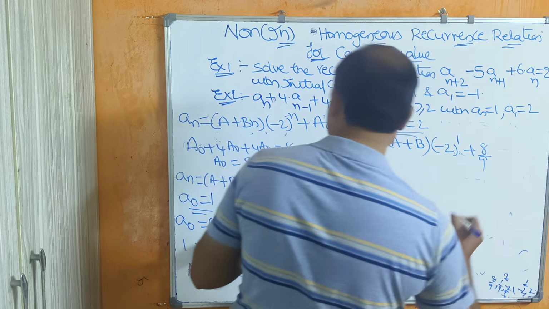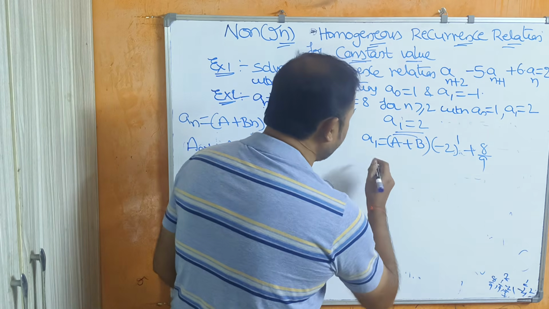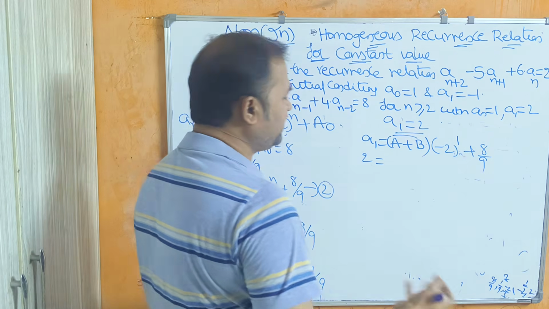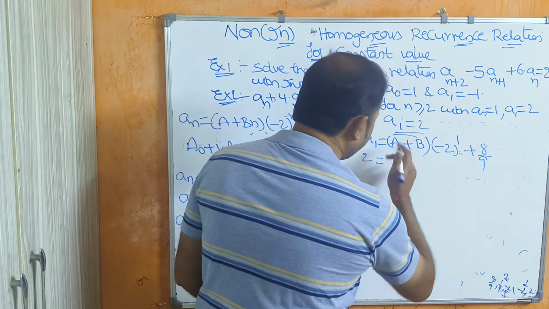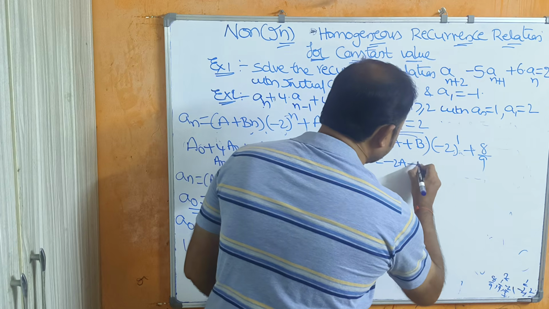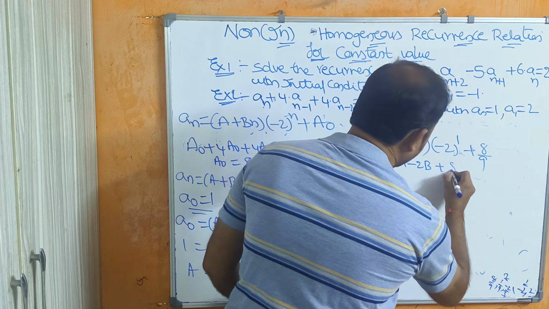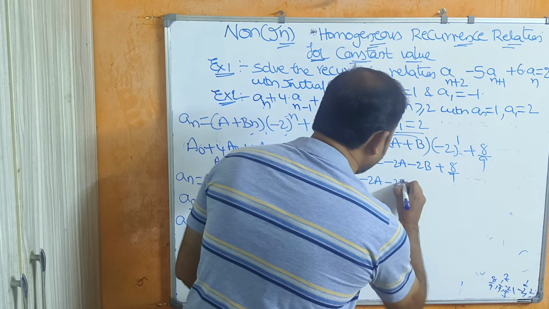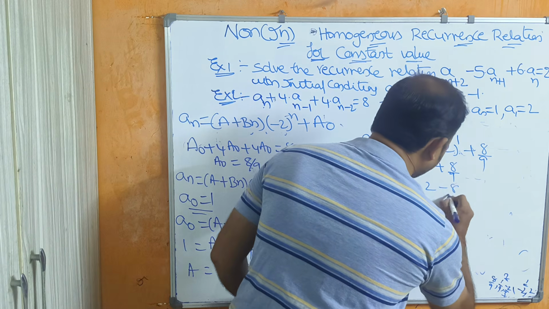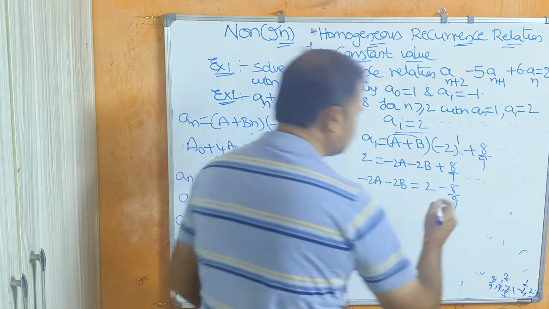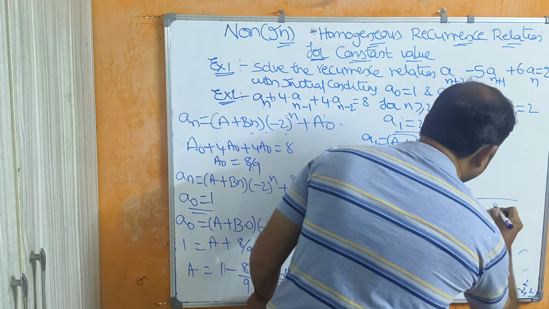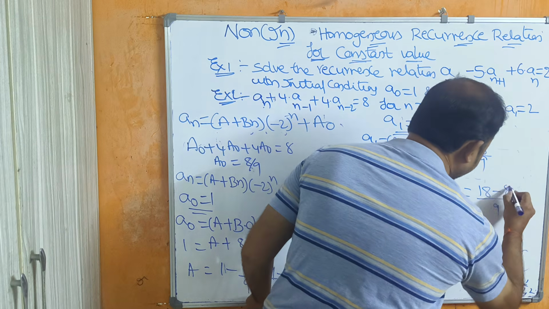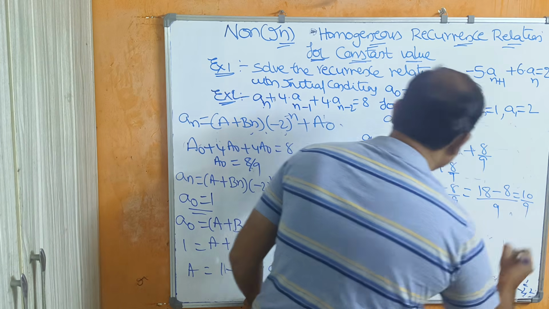What is a1 value? 2. So 2 equal to, so here we have minus 2 whole power 1, that is nothing but minus 2 only. So minus 2a, minus into plus means minus, minus 2b plus 8 by 9. So we can write it as minus 2a minus 2b equal to 2 minus 8 by 9. If we move this 8 by 9 towards this side, then if you calculate the LCM, 9, so 1 9s are 9, 9 2s are 18. 18 minus 8, so that is nothing but 10 by 9.